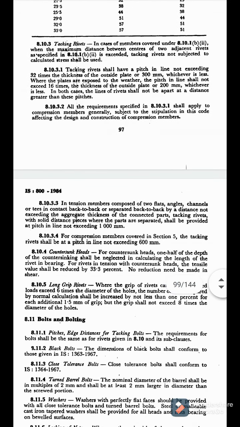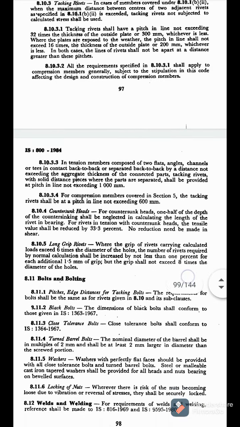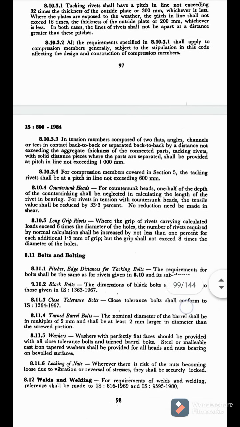Clause 8.10.3 says that all the requirements specified in 8.10.3.1 shall apply to compression members generally, subject to the stipulations in the code affecting the design and construction of compression members. So the same can be used for compression members.